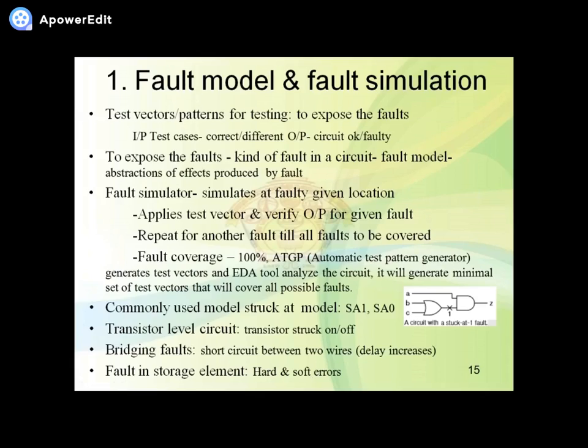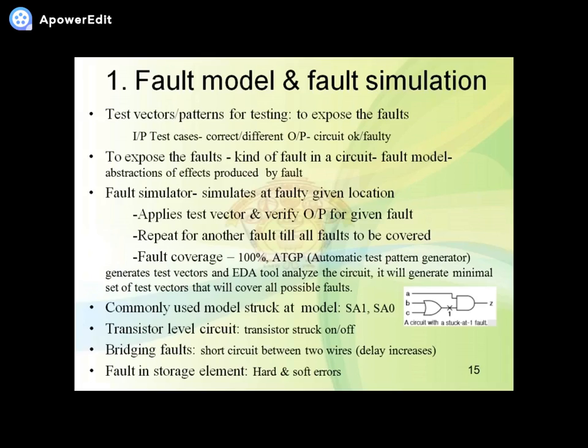A particular memory location may be permanently damaged or permanently off, or temporarily off. In that case, by applying a data input, if you apply particular data and the memory location is changed, then you check it.